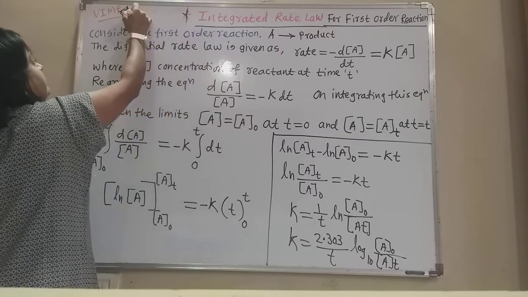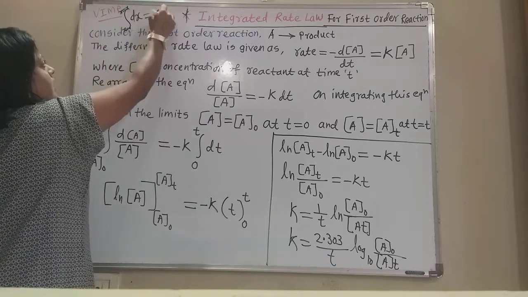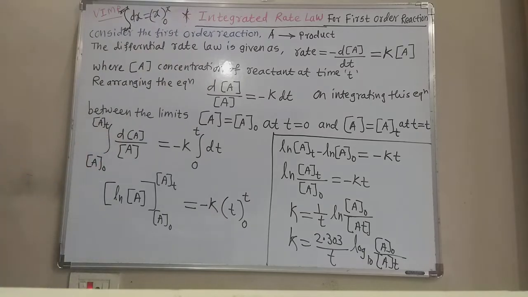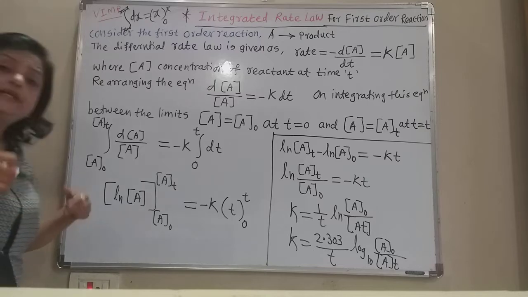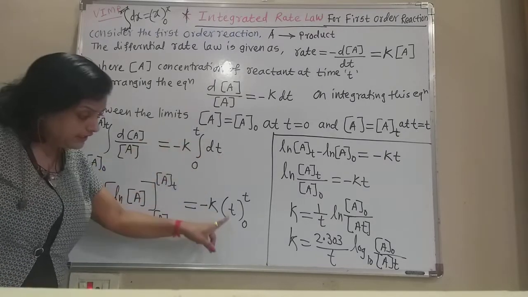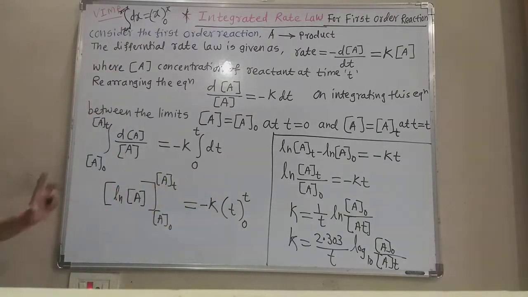Now see, the integration of dx is equal to only x, and the limits are x0 to x. Now remember that the integration of dx upon x is ln x. Similarly here the integration of dA upon A is ln A, but the integration of only dx comes x. So here the integration of only dt comes t, from the limit 0 to t. In this way it is written.